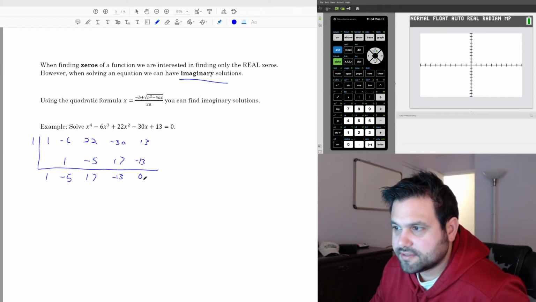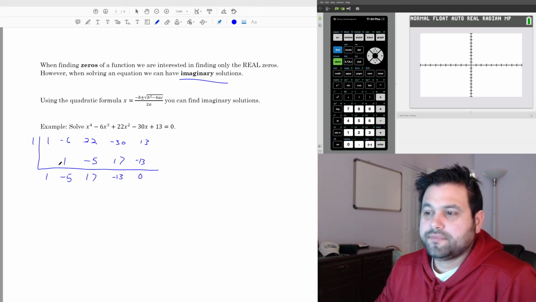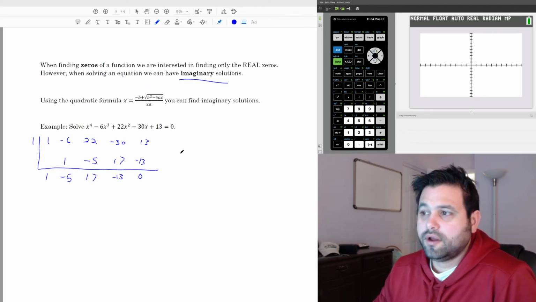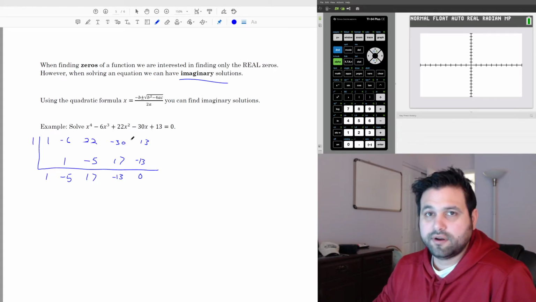And that works correctly. Good. So a remainder of 0. We know that x equals 1 is a solution to this equation. It's not the only solution, but it's one of the solutions.